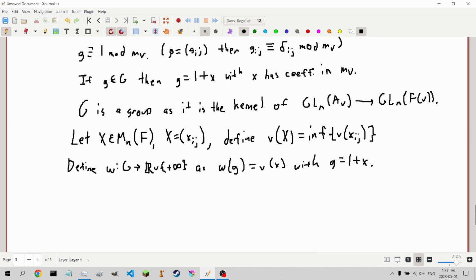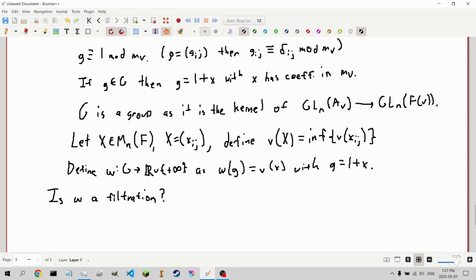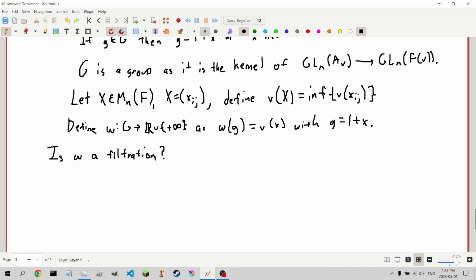Now, of course, we have the natural question: is this map a filtration? The answer better be yes, otherwise I don't know why I did all this. So, omega of 1, what is that?